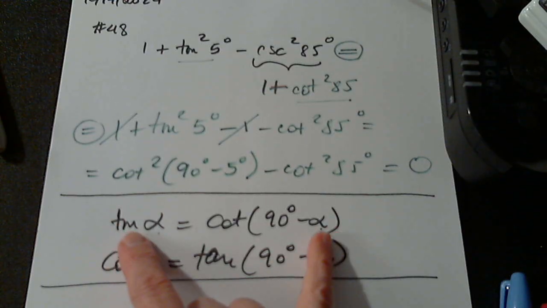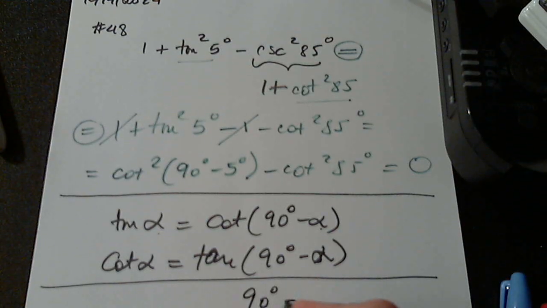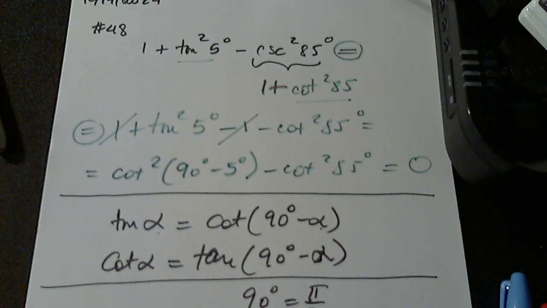So if the angle is in degrees, I have to use 90 degrees. If the angle is in radians, I have to use pi over 2. It's a perfect question. They mean the same thing because 90 degrees is the same as pi over 2, but I cannot write pi over 2 here because I have 5 degrees.